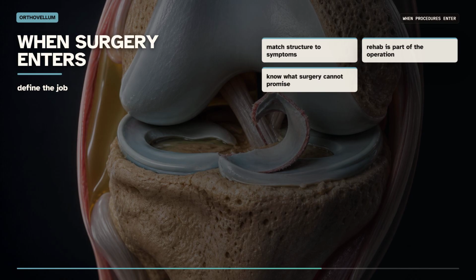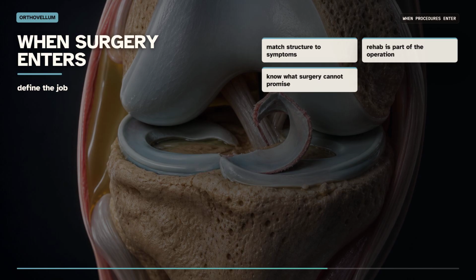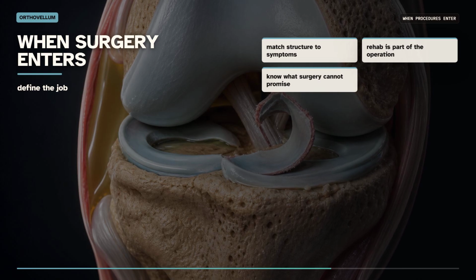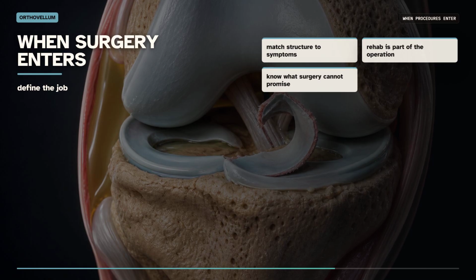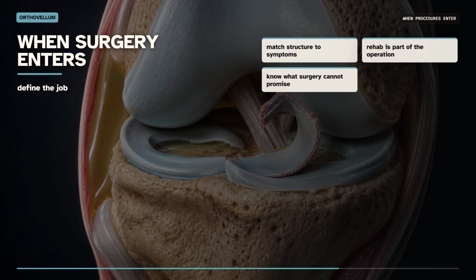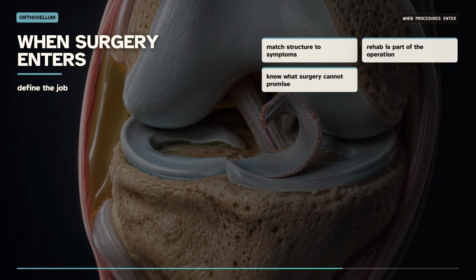Surgery should have a job description. Pain relief, stability, decompression, alignment, repair, replacement, or prevention of deterioration are different jobs. The patient should know what surgery is expected to improve, what it cannot promise, and what rehabilitation will demand. The resident should know the anatomy at risk, the failure modes, and the decision points before entering theater.